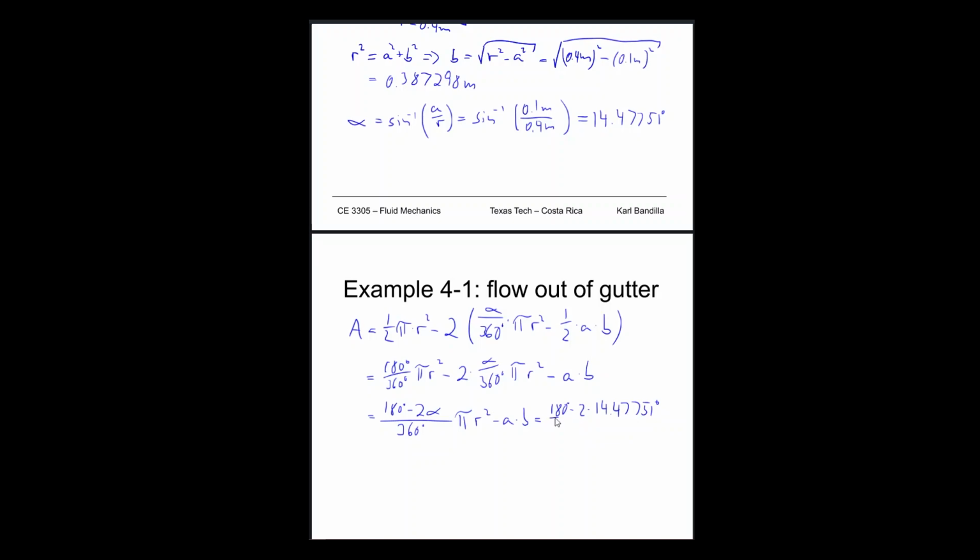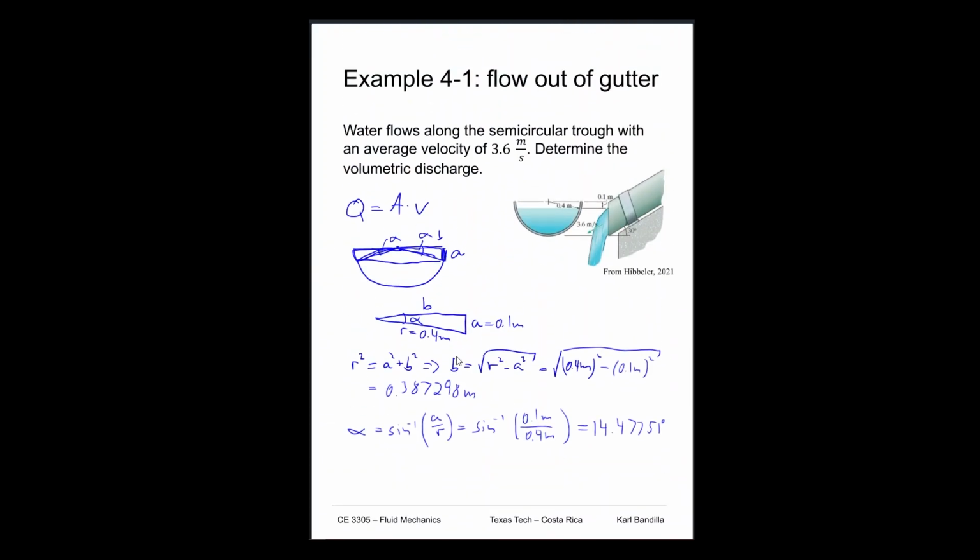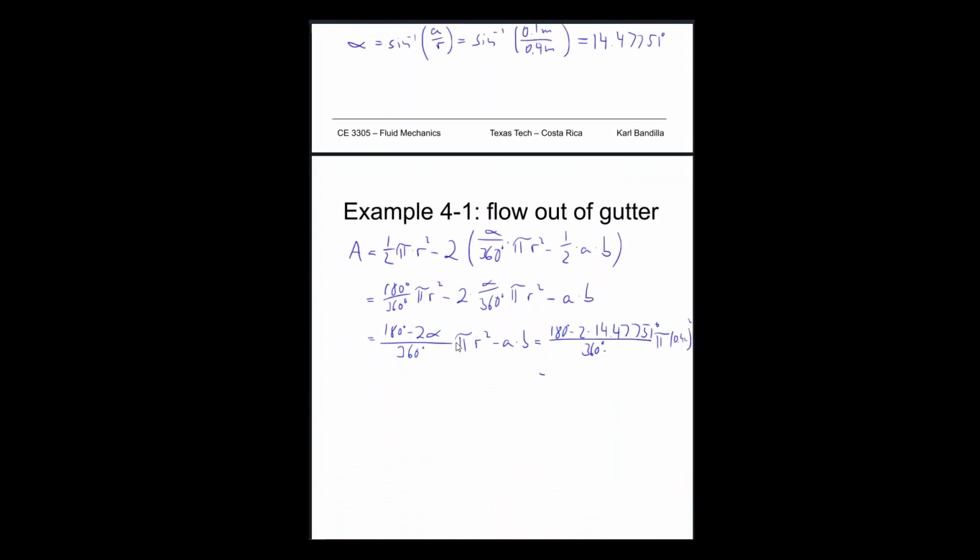That is equal to 180 degrees minus 2 times what we calculated up there, 14.4775 degrees, divided by 360 degrees, times pi times 0.4 meters squared, minus A times B. What is A and B? A is 0.1 and B is what we calculated.